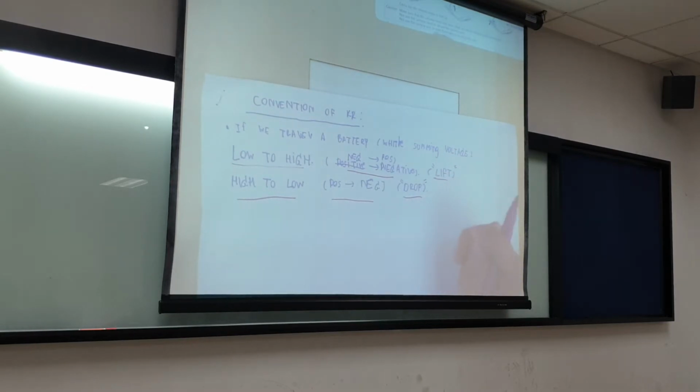It turns out that the sign of the voltage across a resistor also depends on the direction of the current.